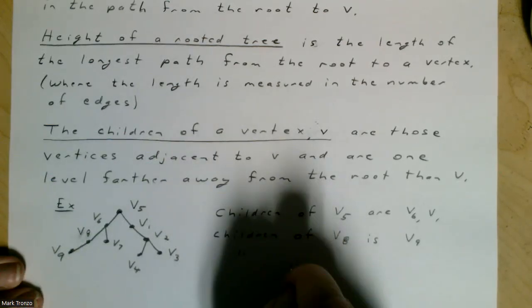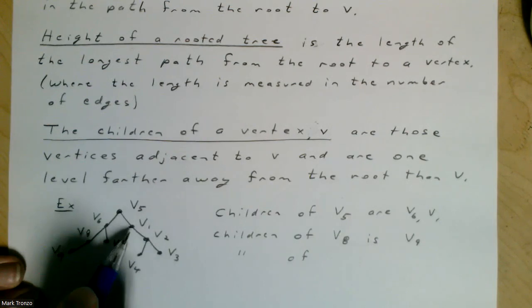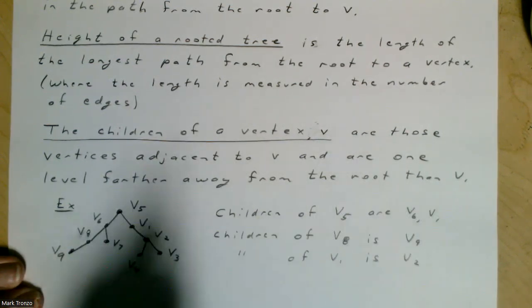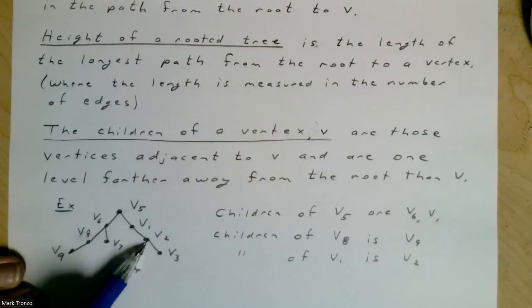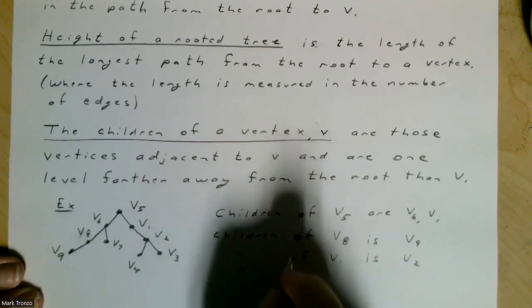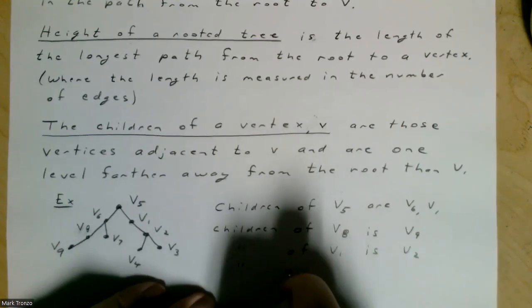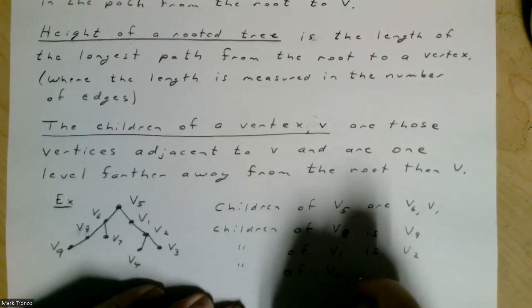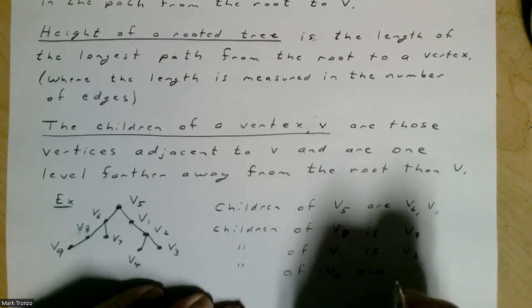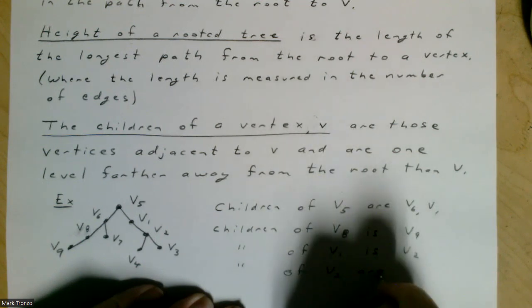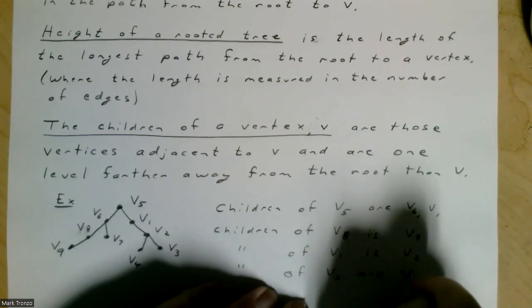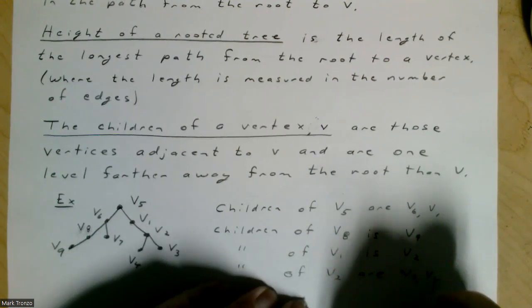The child of V1 is V2. Once again, look at V1 and see what's just one away from it. And the children of V2 are V3 and V4.